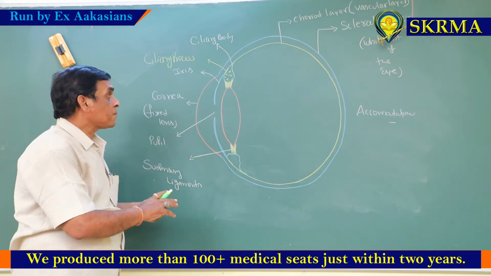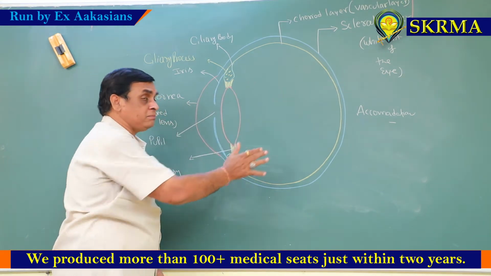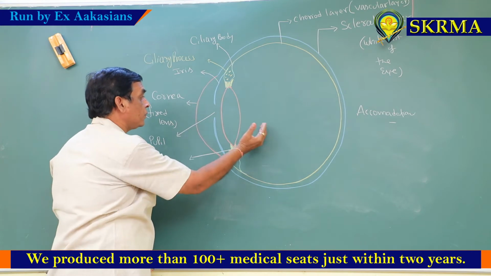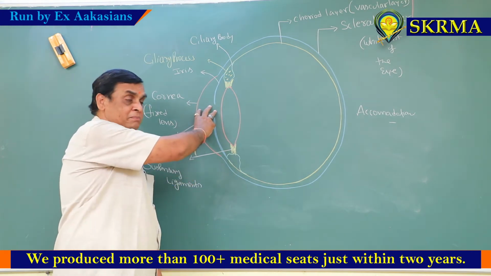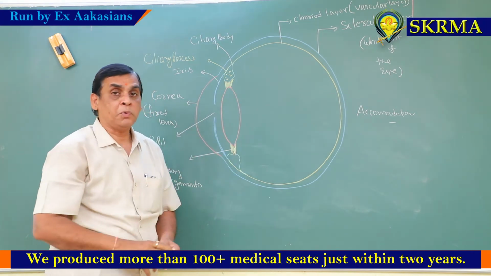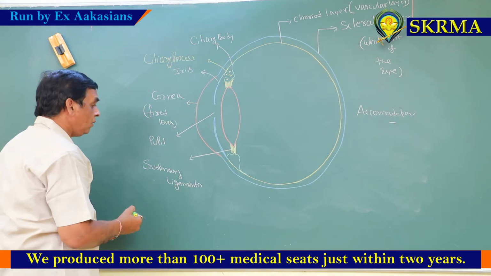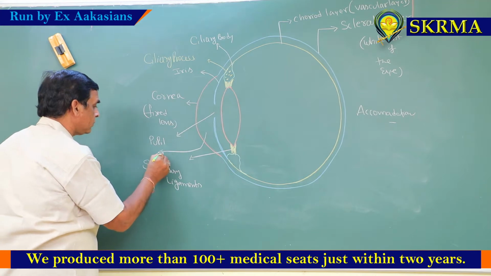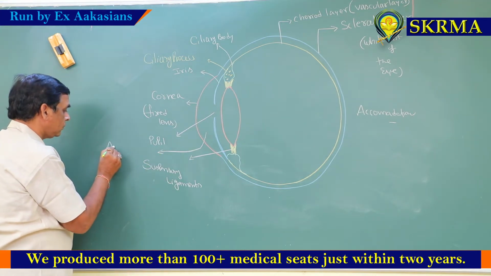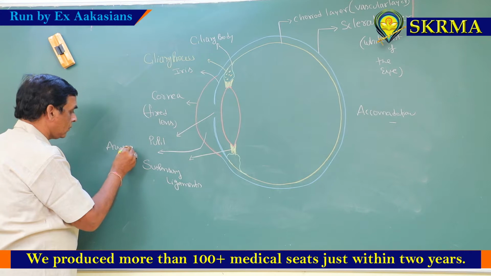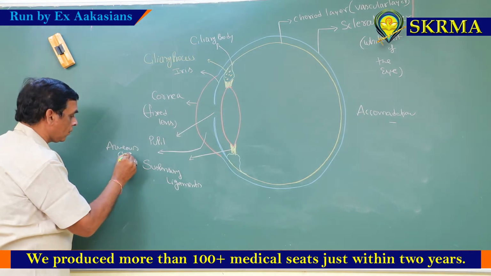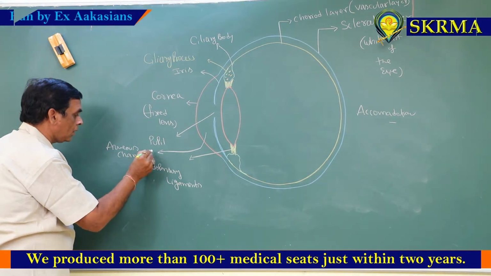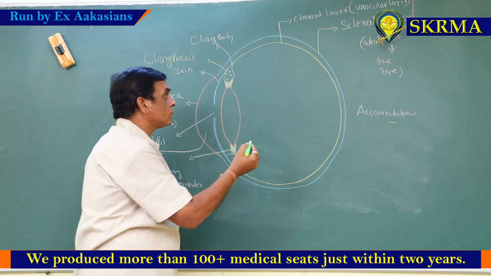Now you see the total eye chamber is divided into two. One is the anterior chamber, another is the posterior chamber. The anterior chamber is known as the aqueous chamber.